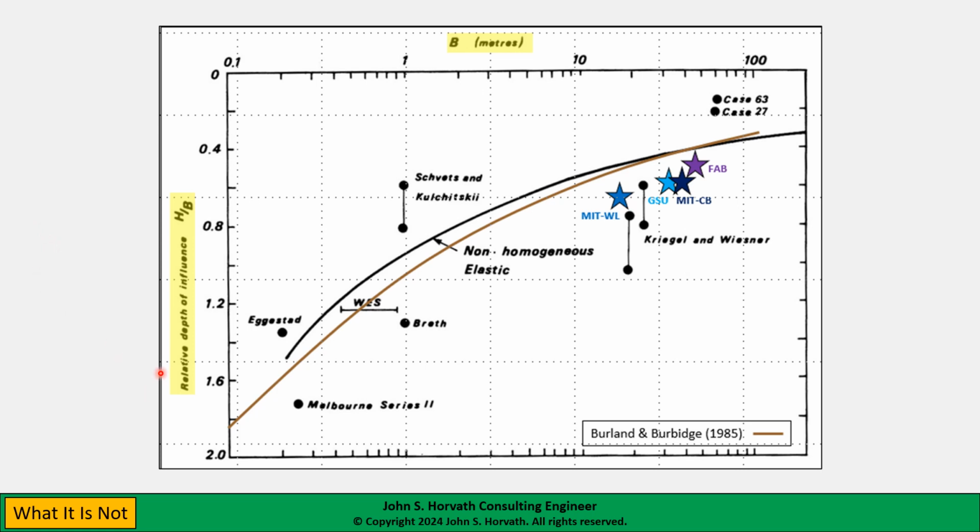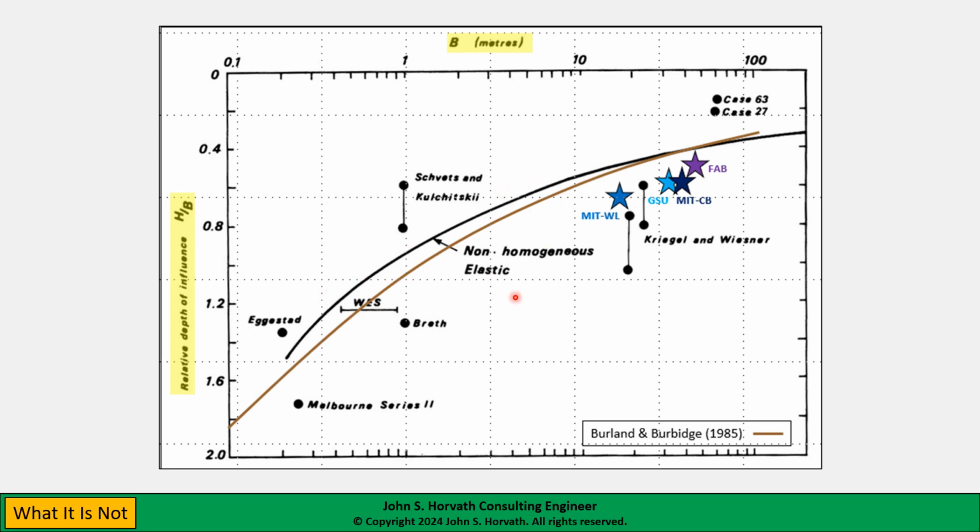This graphic shows the relative depth of influence, what I call the significant stress depth, capital H, that has been normalized to the foundation width B, and this shows the foundation width B in meters. Note this is a log base 10 scale. And there are several things shown here.